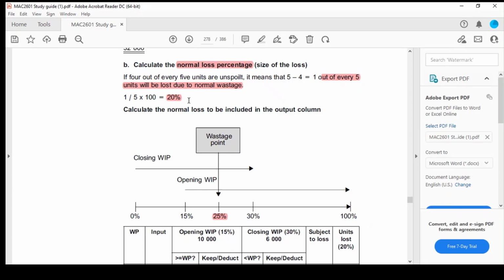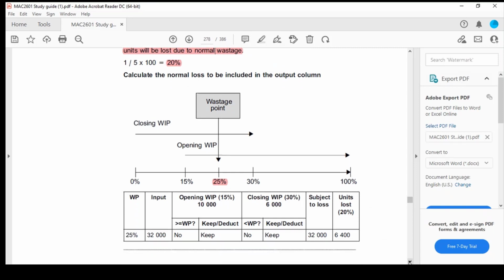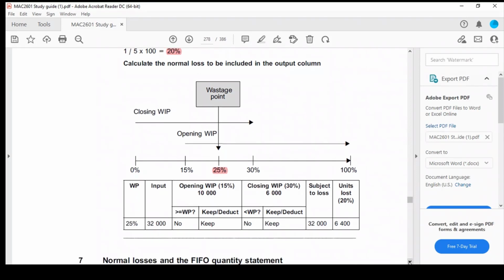That means that 5 minus 4 equals 1. That 1 over 5 gives me the size of my normal loss, like what would be spoiled. Are we on the same page? Yes. Okay.